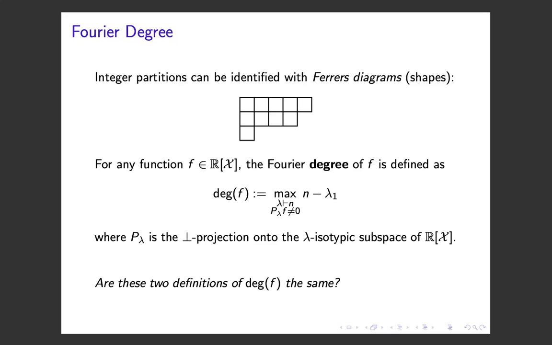We just gave two different definitions of degree: a definition in terms of polynomials, and now a definition in spectral terminology, in terms of irreducible representations. So are these actually the same? It turns out that they are, but it's not obvious. This draws upon results in algebraic combinatorics and extremal combinatorics, namely Erdős–Ko–Rado theory, but I'm afraid we won't have time to get into that here.